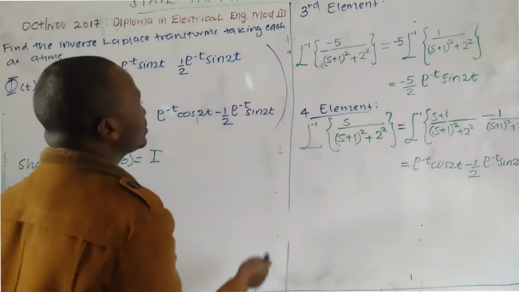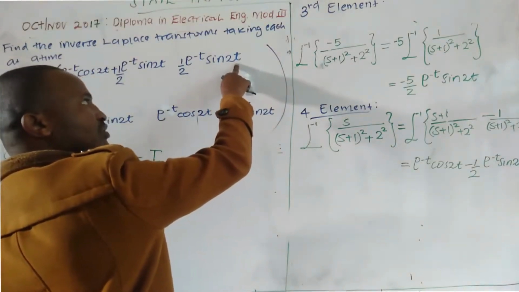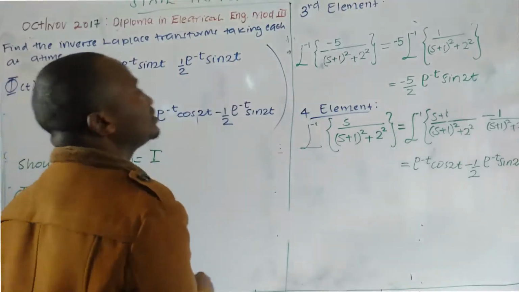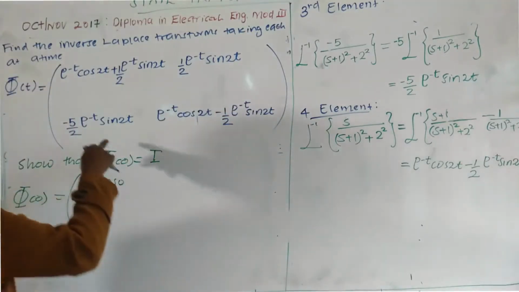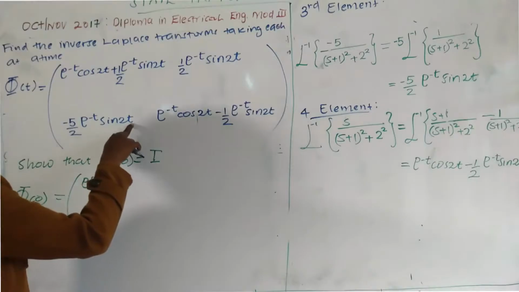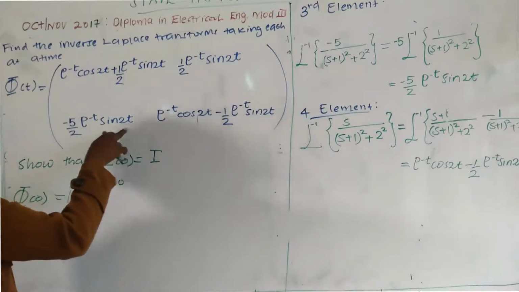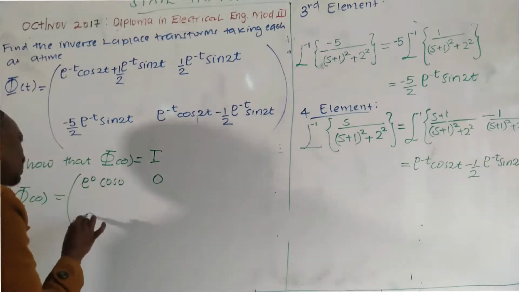Don't bother about that one. Here, if you put 0, sine of 0, it will be 2 times 0, 0. Sine 0, all of it will be 0. Sine 0 is 0, times everything else will be 0. Again here, put 0, 2 times 0, 0. Sine 0 is 0, times the rest is 0. So here you have 0, and here you have 0.